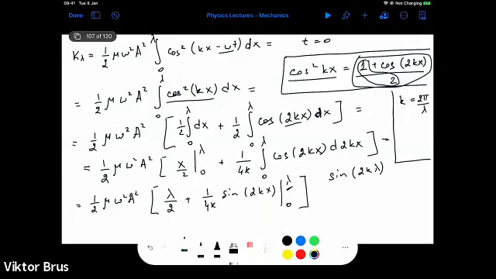Now if we consider 2k times lambda, it will be 4 pi.